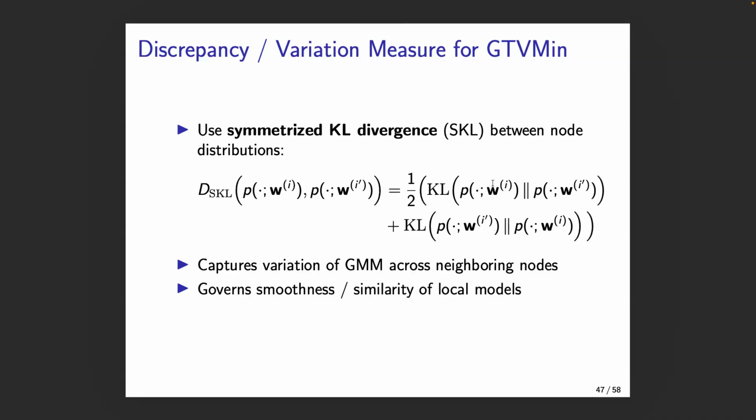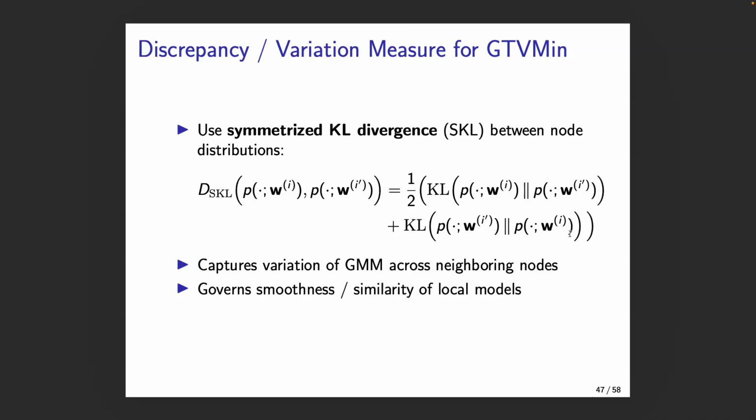So here we can see a divergence of a probability distribution on node I relative to the probability distribution on node I prime, and in the reverse order, on node I prime relative to I. Now our distance matrix is symmetric, so it doesn't matter from which node, in which direction, we computed.